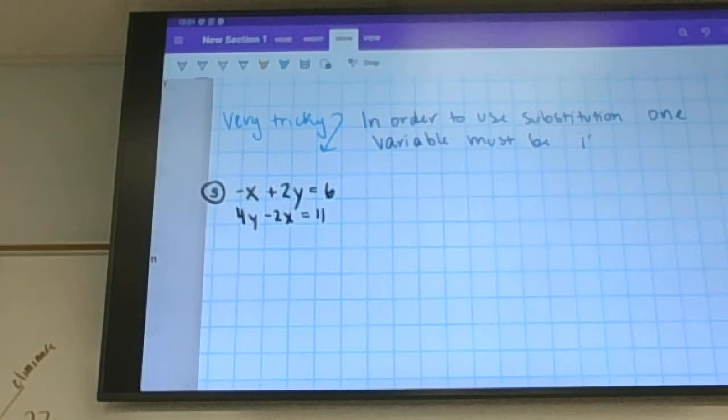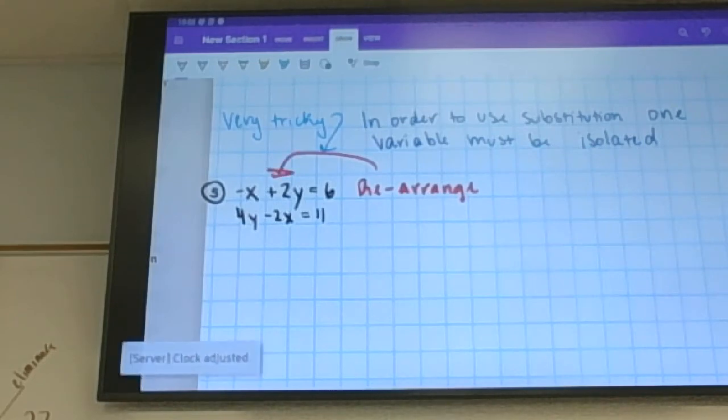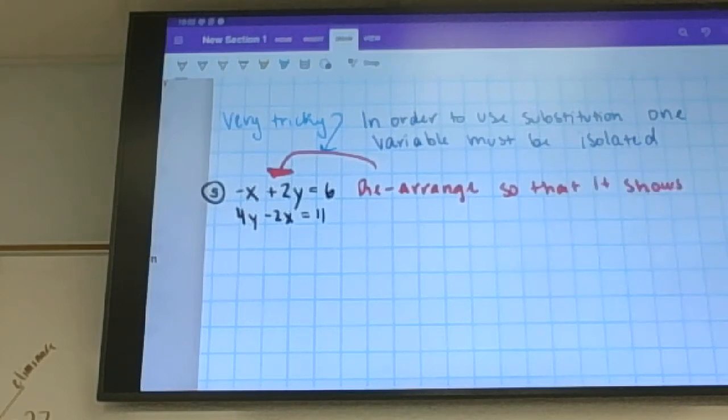In order to use substitution, one variable must be isolated. It has to be like x equals or y equals. So what we're going to have to do is rearrange. We're going to rearrange this top equation so that it shows x equals. So we know what x is. So we have something to substitute. So focusing on this top equation, we have to get x alone.